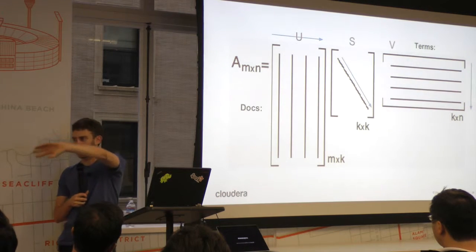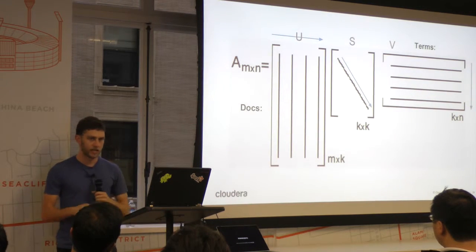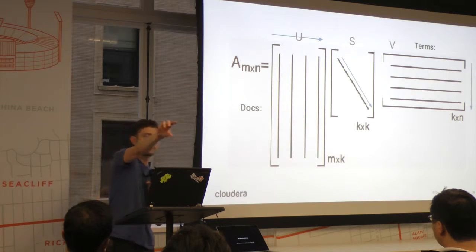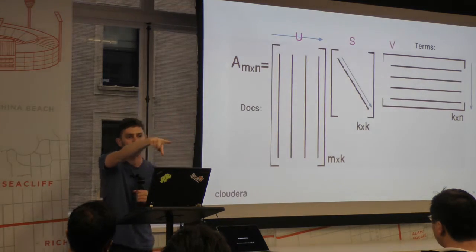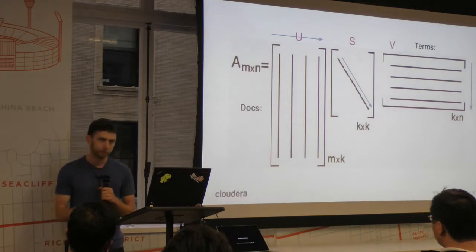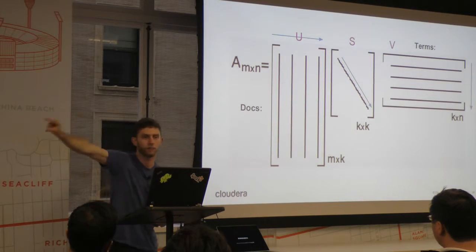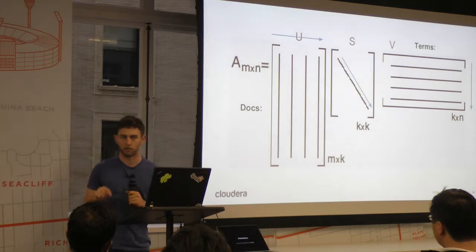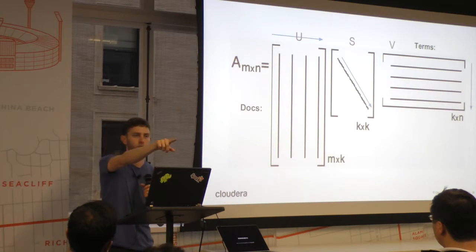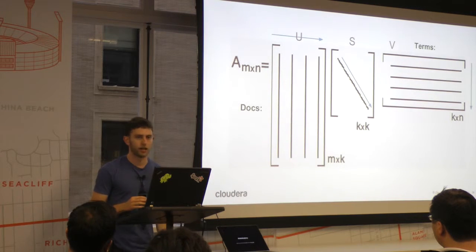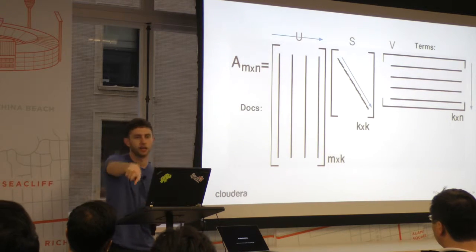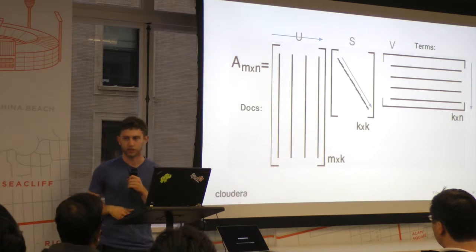So again, SVD is able to take our data and decompose it into some set of concepts. The same thing applies for terms. For each of these columns in our U matrix, we have a corresponding row in our V matrix. So the columns farthest left on the document matrix correspond to the rows highest up on the term matrix.